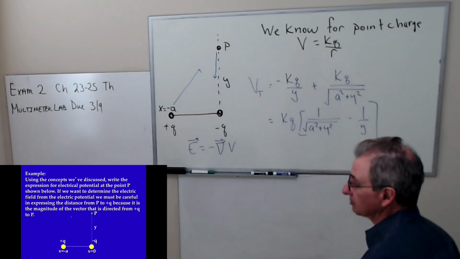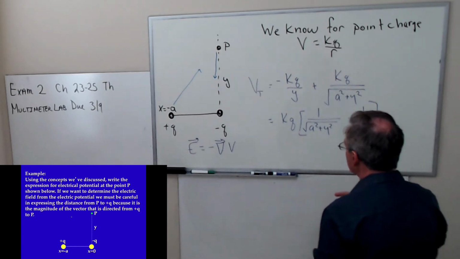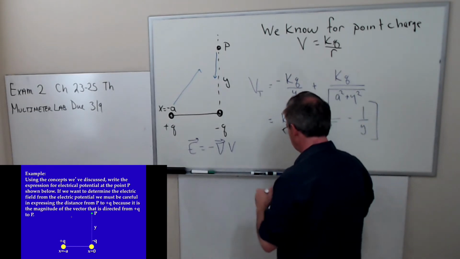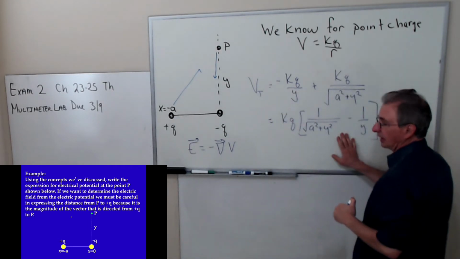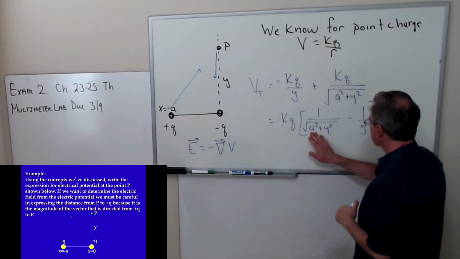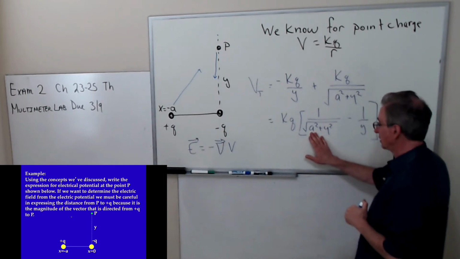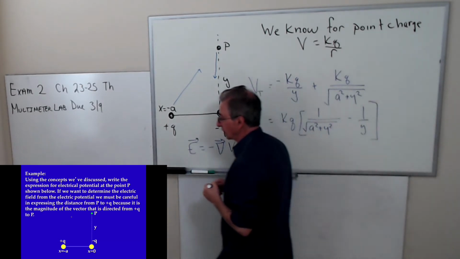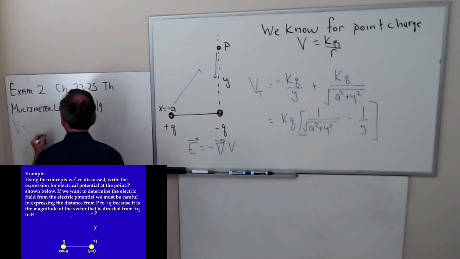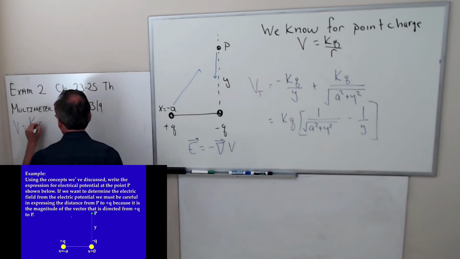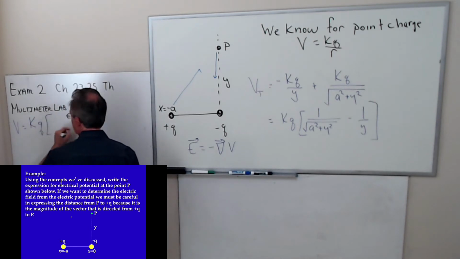So this thing is going to have x and y components. And so what I need to do is calculate the derivative of this function with respect to x. But here's a problem. I've already substituted my value of x in here. So let me write V in general. I need to write V this way before I can take the derivative. And then I'll substitute the value of A.